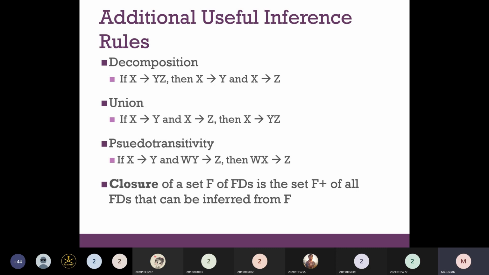And there exists a term called closure. The closure of a set F of FDs is denoted as F plus, which means the closure of functional dependencies. So F plus holds all the FDs that can be inferred from F. All functional dependencies derived from F are addressed as closure. So these are some other important inference rules.